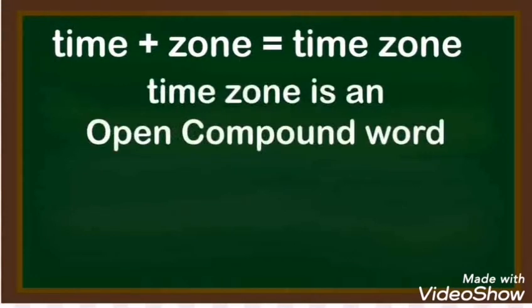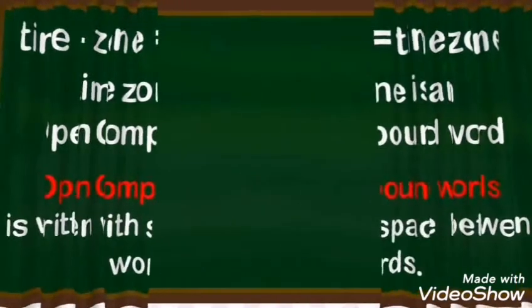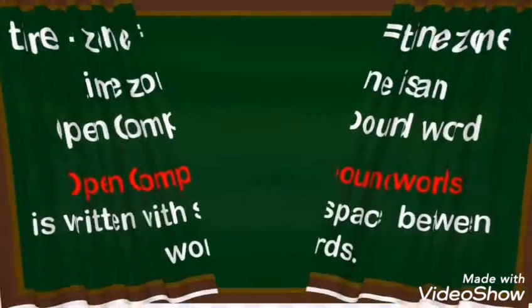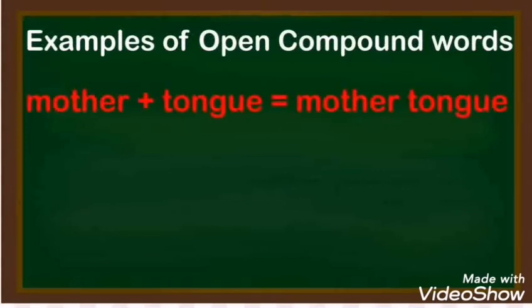Time zone is an example of an open compound word. An open compound word is written with space between words. Examples of open compound words are mother tongue, home port, and living room.